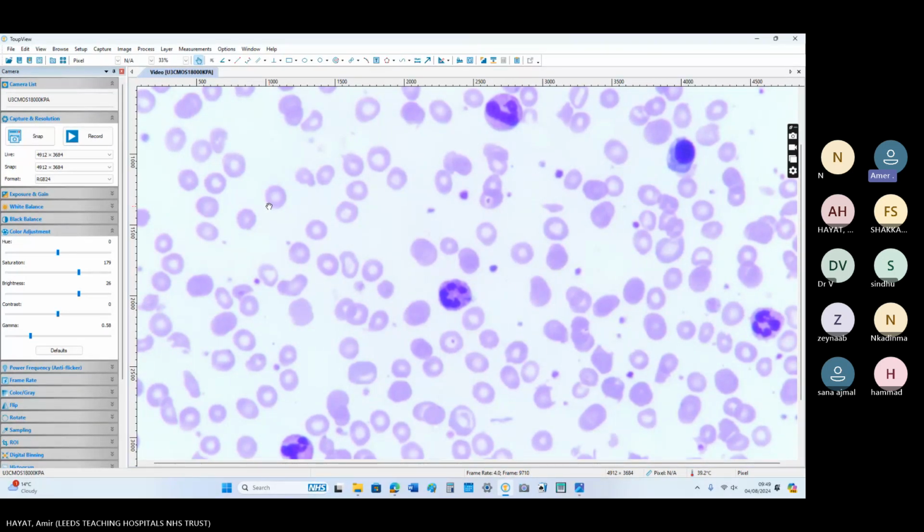MAHA is a must question in the FRCPath Part 2 exam. It will come either in the form of a TTP, or in the form of a cardiac valve, or in the form of hypertensive emergency or malignant hypertension. But it will come, must.